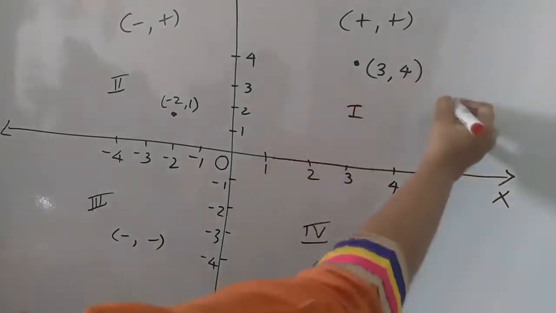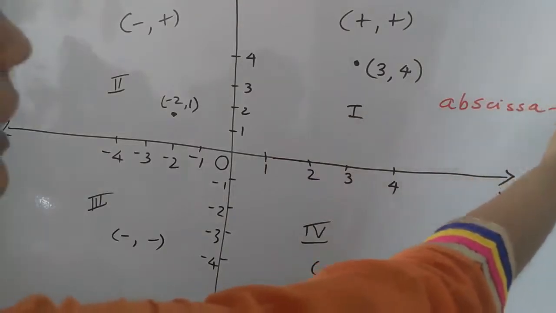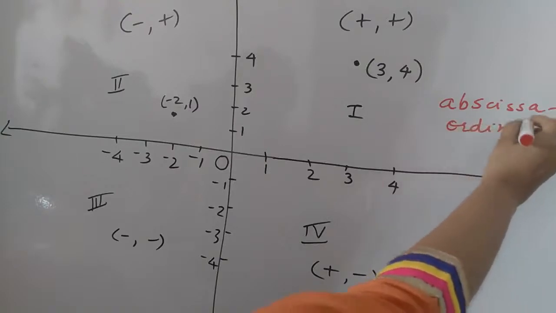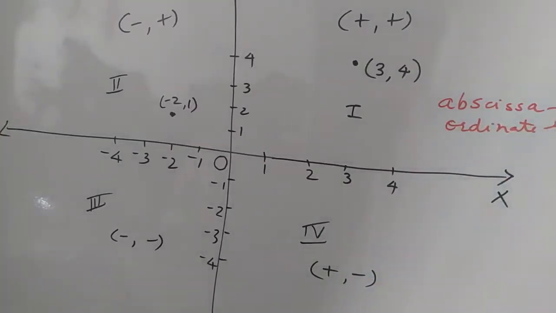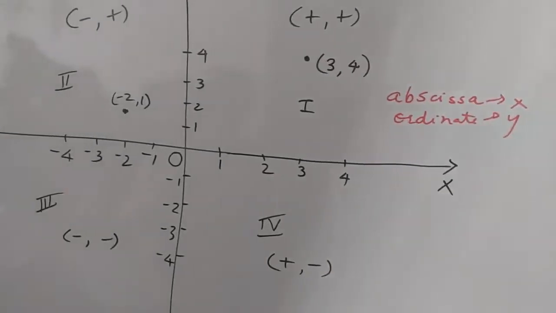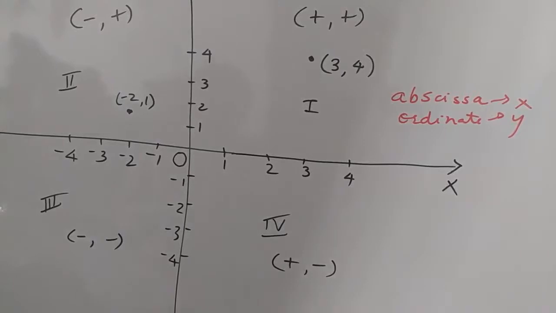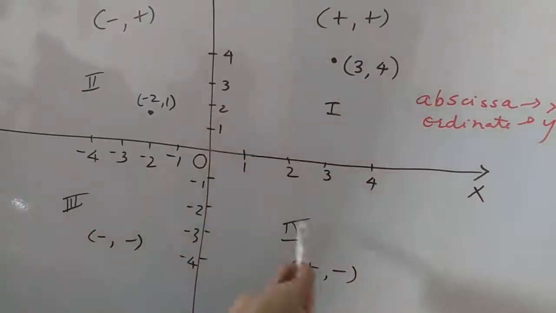So these are the names I am writing here: abscissa for the x coordinate and ordinate for the y coordinate. Also, one more thing I want to tell you, students: for this (3, 4) or any point you take, the coordinates are showing us the distance.